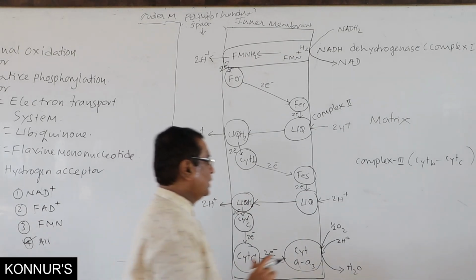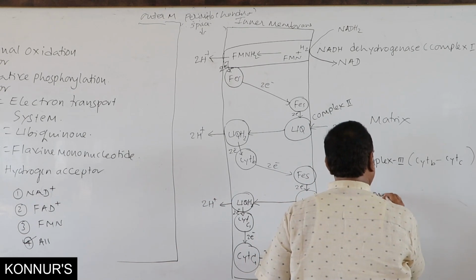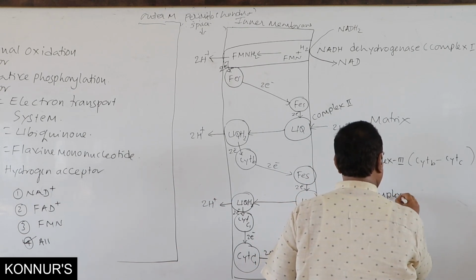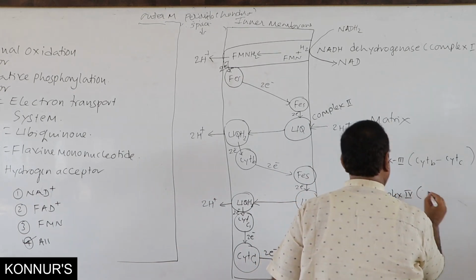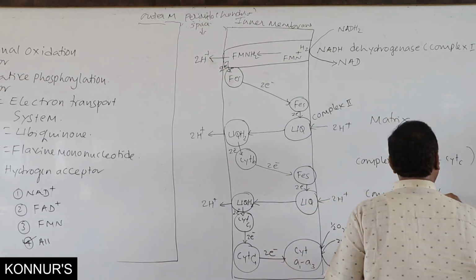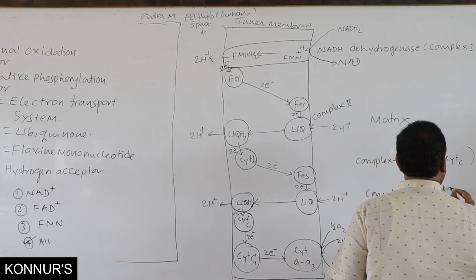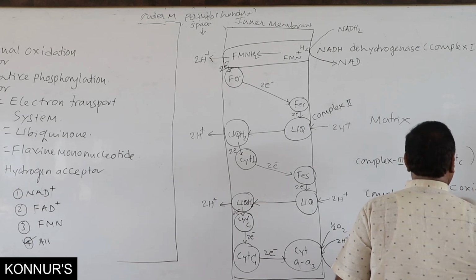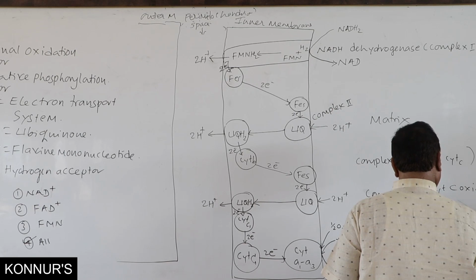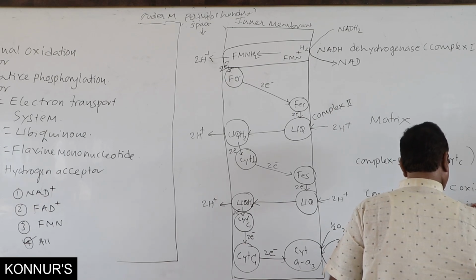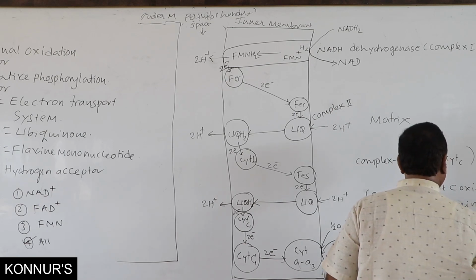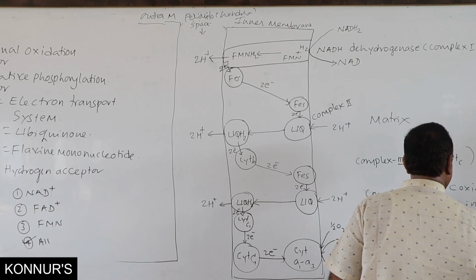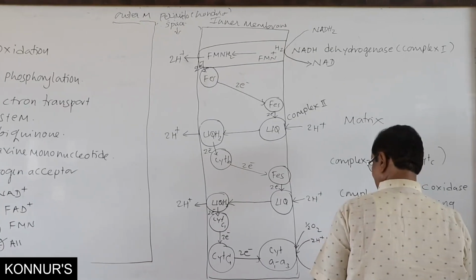And the fourth complex is cytochrome C oxidase containing cytochrome A1, A3.